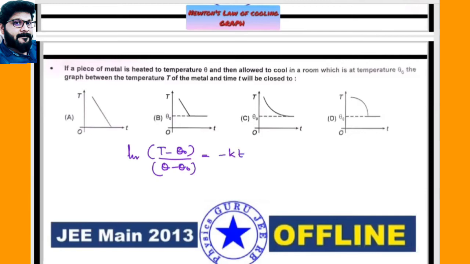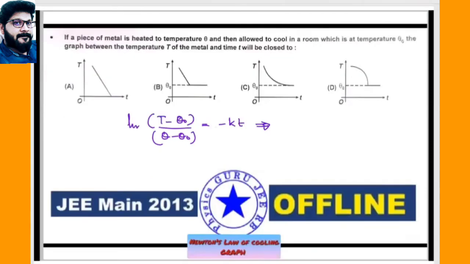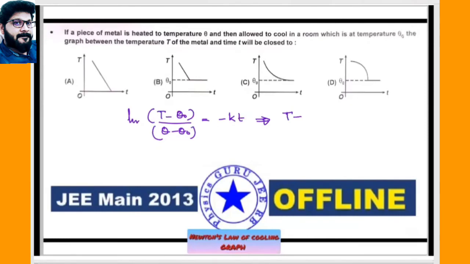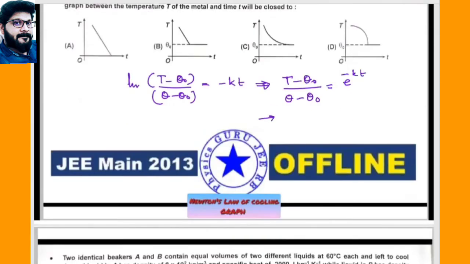Or simply, if I apply antilog on both sides, I can write T minus theta naught divided by theta minus theta naught equals e power minus k into t. Right? Now cross multiplication from here onwards: T minus theta naught equals theta minus theta naught into e to the power of minus k into t.